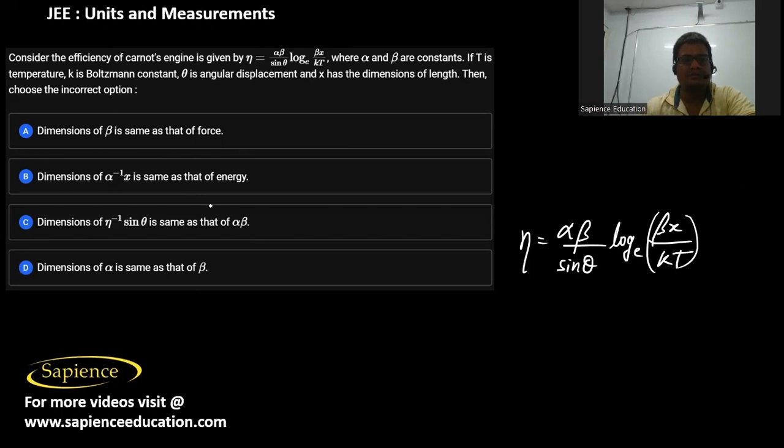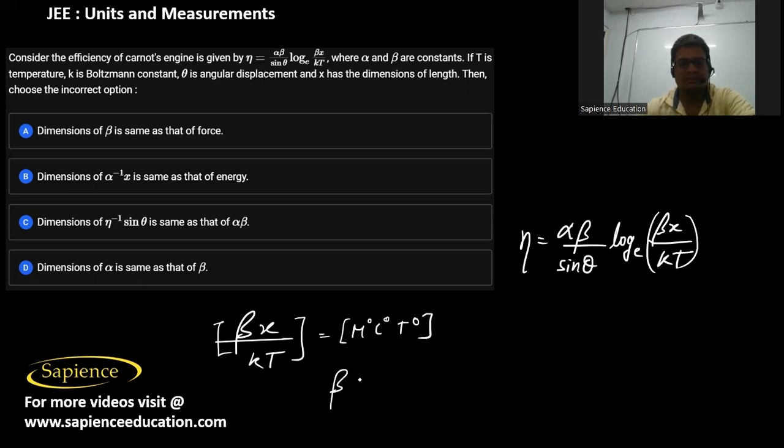So dimensions of beta we have to find. So it means the dimension of the term which is inside the log should be dimensionless. So beta x by kT should be dimensionless. That should be equal to M power 0, L power 0, T power 0. Now it means the dimensions for beta should be same as kT by x.